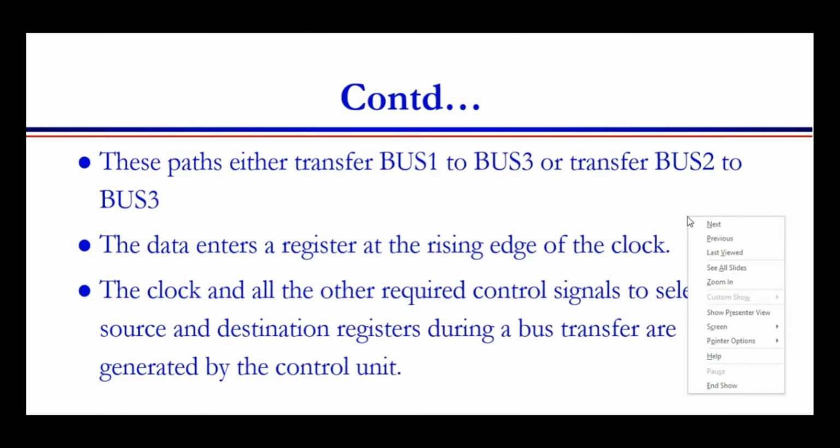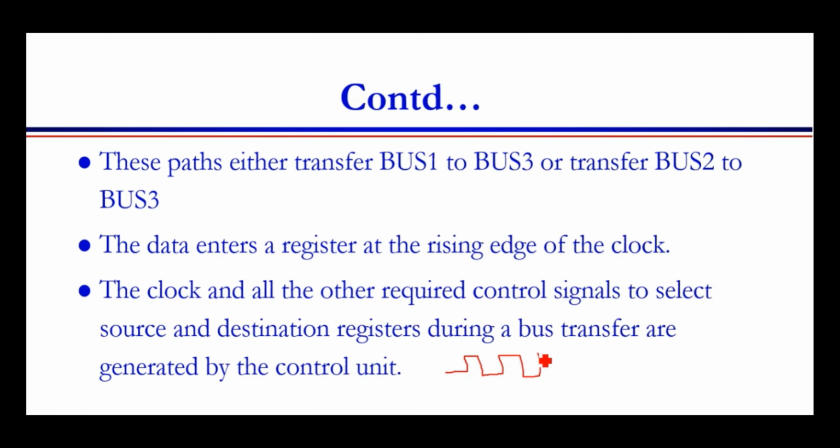So we are saying about the rising edge of the clock. How can we explain the rising edge of the clock? Let's suppose we have a clock signal that is represented in this form. There are different clock pulses in this clock signal.